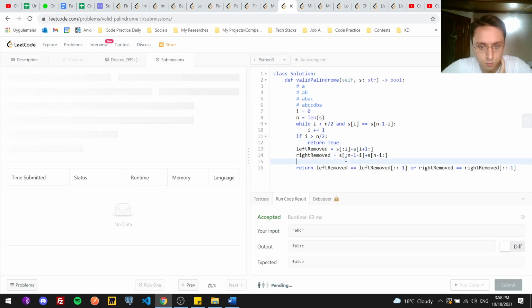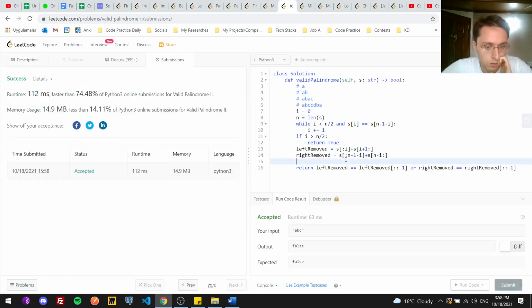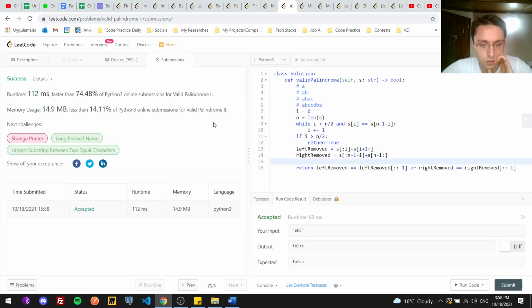Okay. Right, so there were two cases: if we have just one mistake, then there are two possibilities. We remove that, and for that we check both of them, removing the left one and the right one.